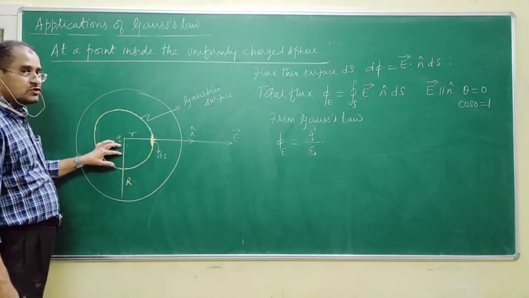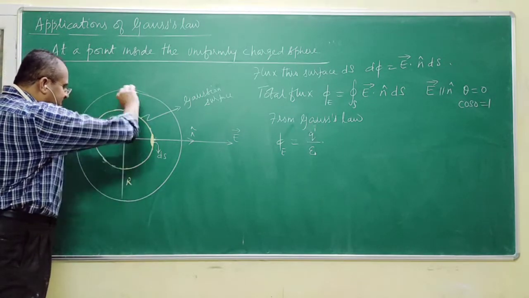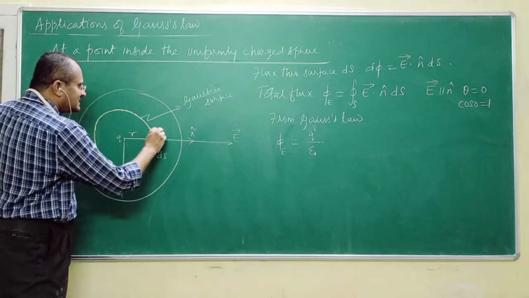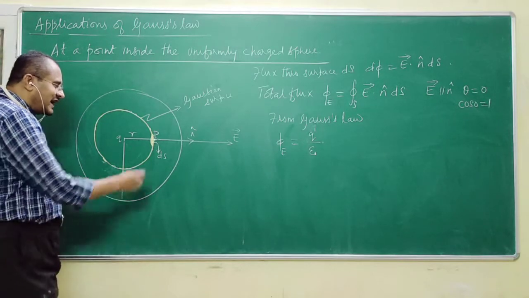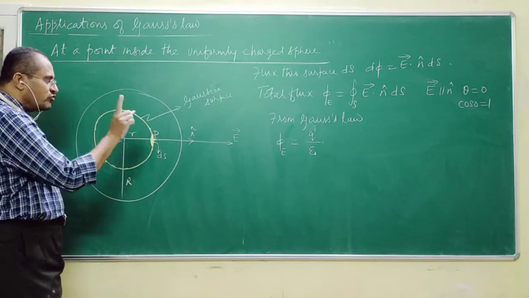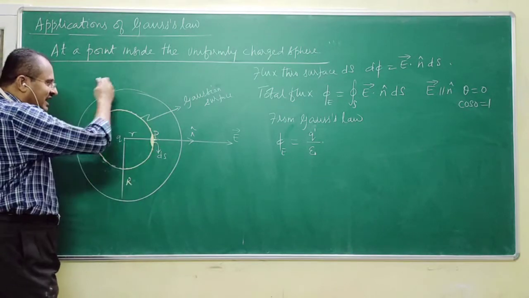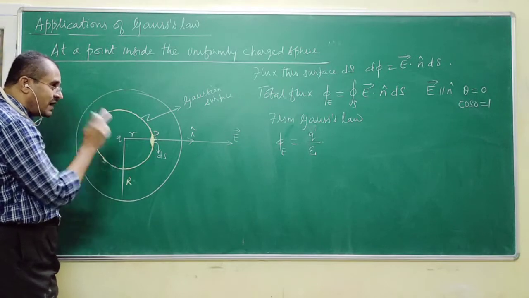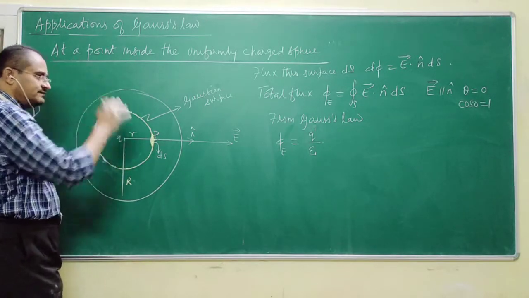The charge Q is distributed uniformly throughout the sphere of radius capital R. Point P is here, and the electric field at this point P will not be due to the entire charge enclosed in the sphere of radius R, but will be due to the sphere of radius smaller r.